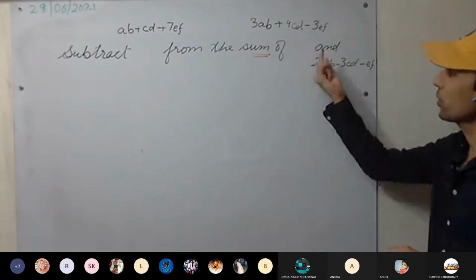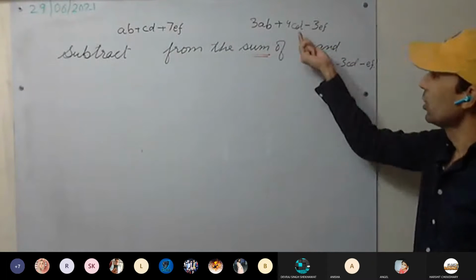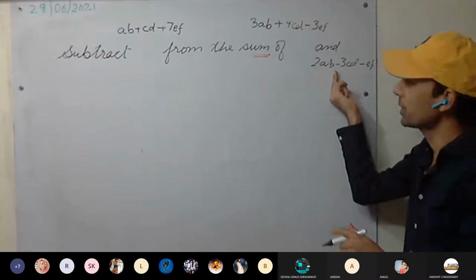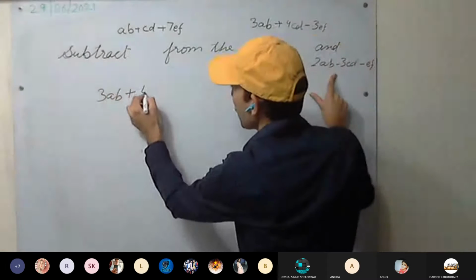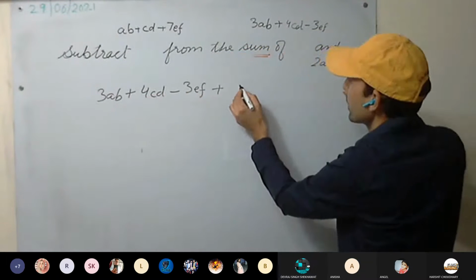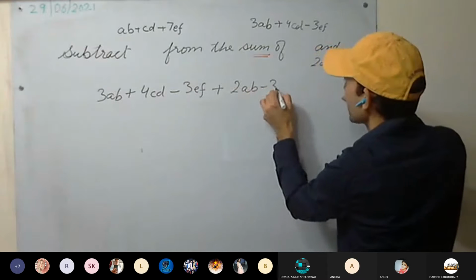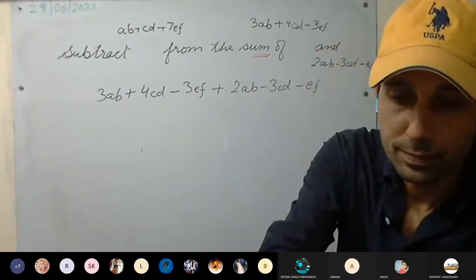These are the two expressions. So subtract this from the sum of this and this. First take the sum of these two expressions: 3AB plus 4CD minus 3EF plus 2AB minus 3CD minus EF. Take their sum.